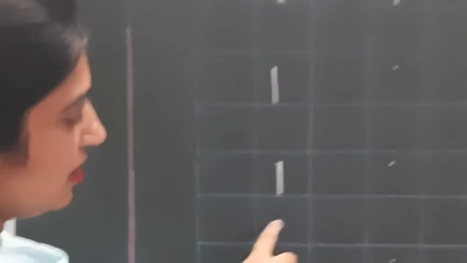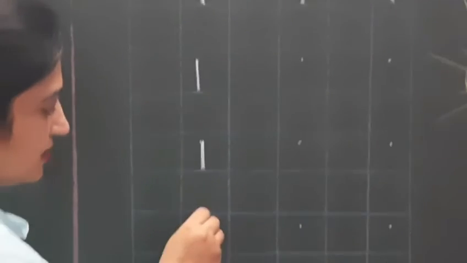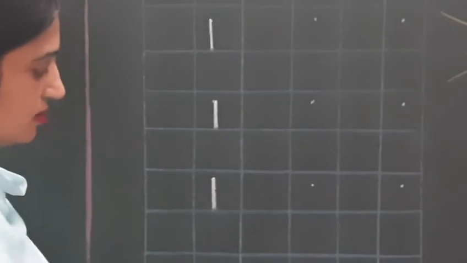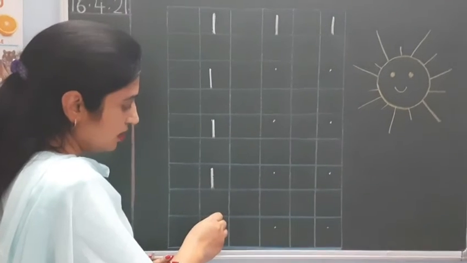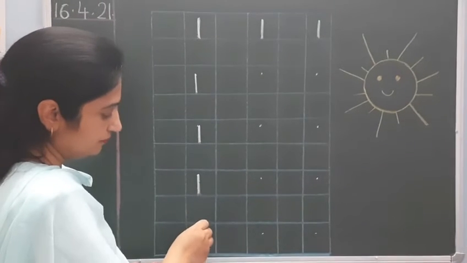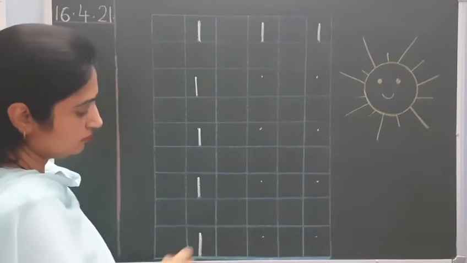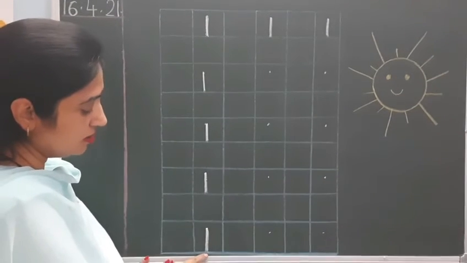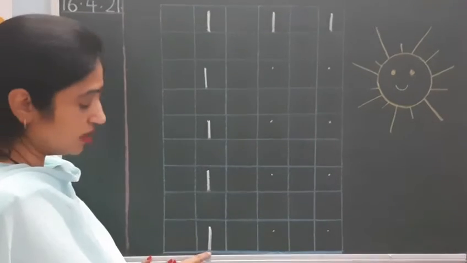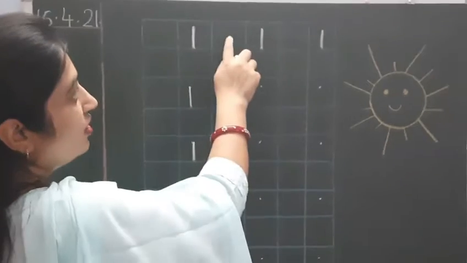Then again leave the next block, put your pencil here and see in this way. Again leave the next block, and then in the next block you have to put your pencil here. And you have to make a standing line and write till the blue line. You have to touch it. Now you will leave the next block.